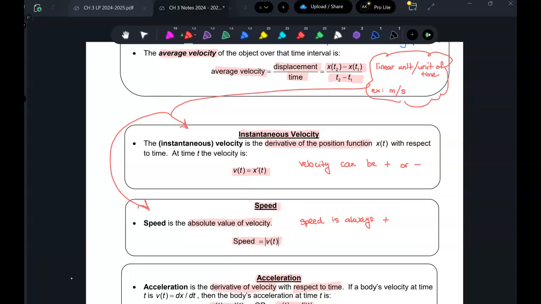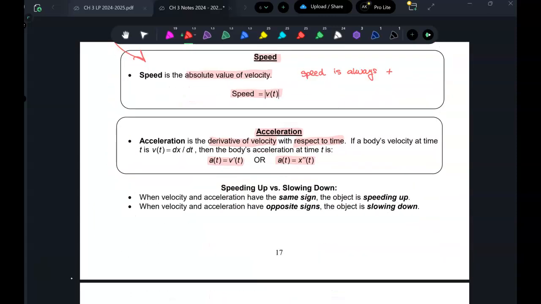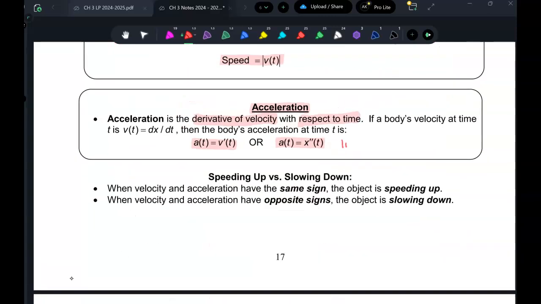Acceleration is going to be a linear unit per unit of time per unit of time. So meters per second squared, because you are differentiating twice with respect to time. Some of you will say square seconds.